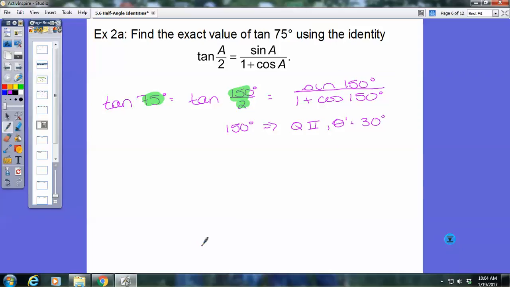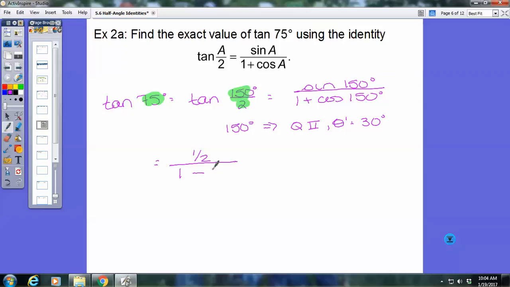So now let's evaluate. In the second quadrant, is sine positive or negative? Positive. What is the sine of 30? 1/2 over 1. In the second quadrant, is cosine positive or negative? Negative.